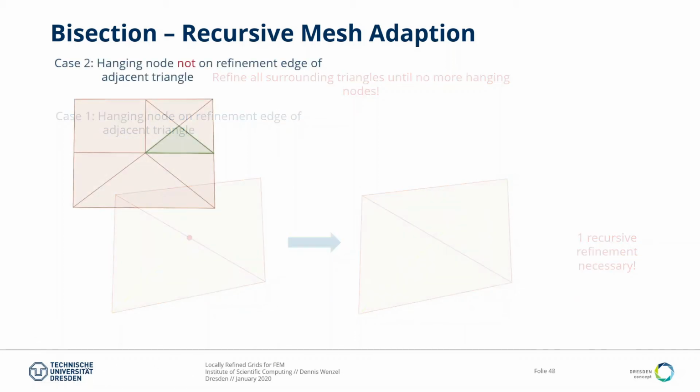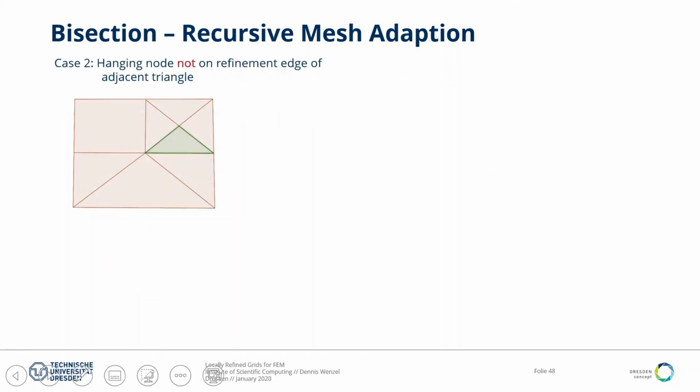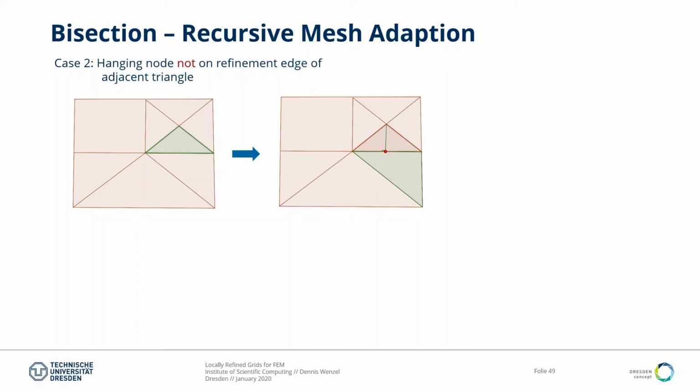So that's not problematic. But you can also have another case, and this is the more problematic one, if the hanging node is not on the refinement edge of the adjacent triangle. And that's the case here. Let's say we have this situation of a grid and we want to refine the green grid cell for whatever reason. Well, you can already see if I'm doing this refinement, then I have a hanging node here, this one.